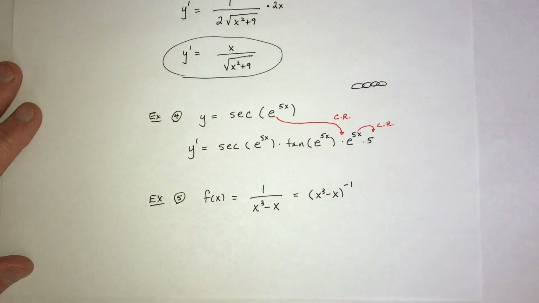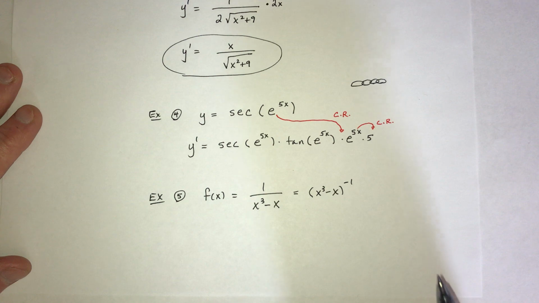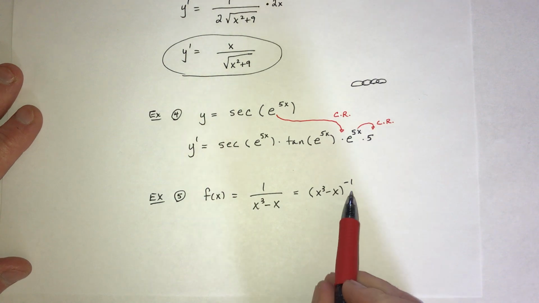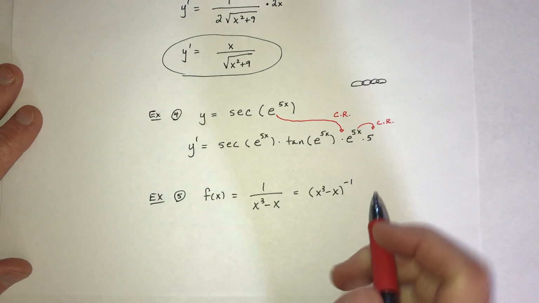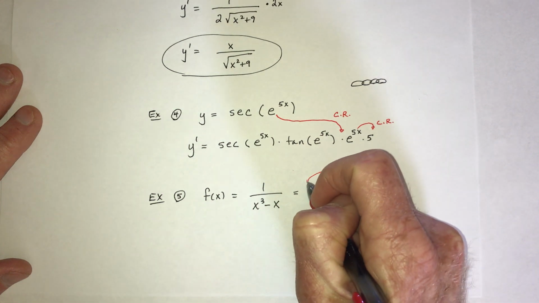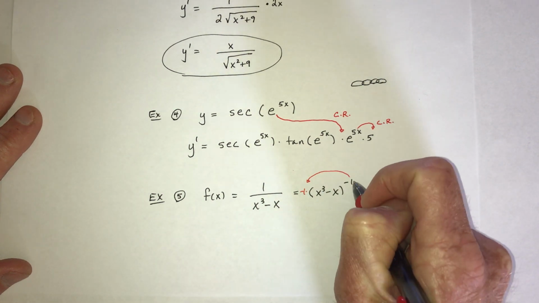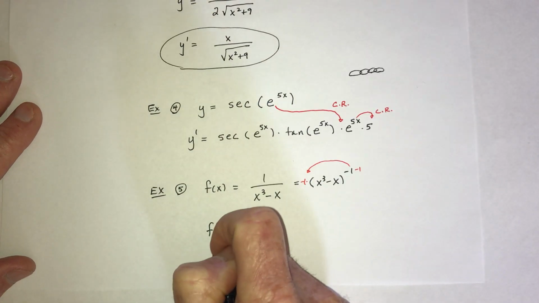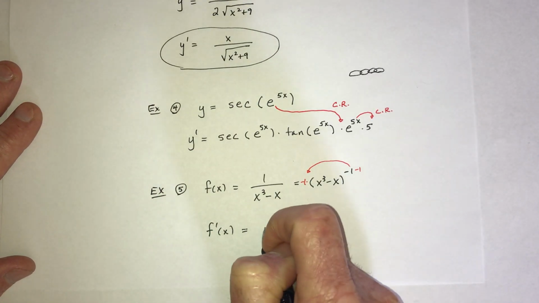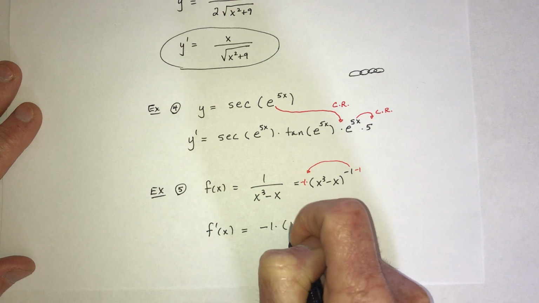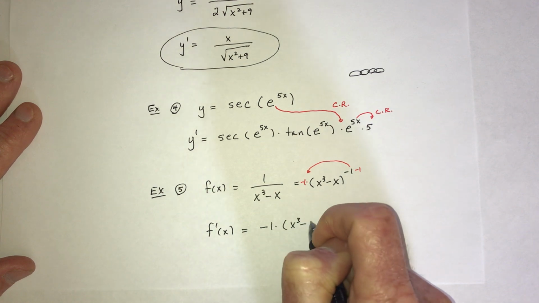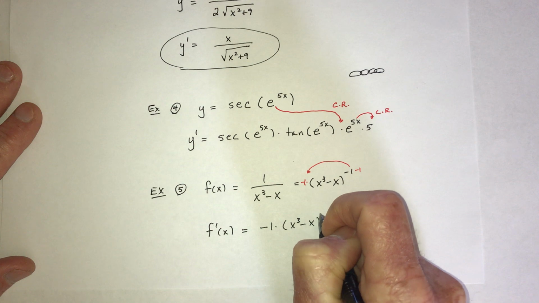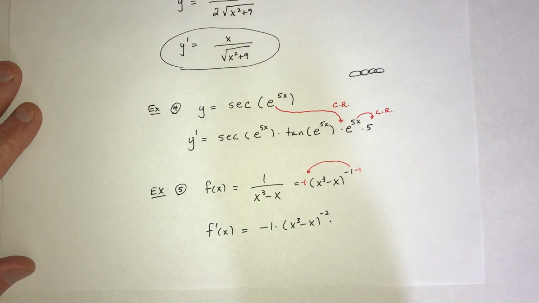And then we could take the derivative by using a combination of the power rule and the chain rule. First of all, using the power rule, this negative 1, you would need to bring it in front and multiply, and then subtract 1 from the exponent. So that's going to be negative 1 times the parentheses x cubed minus x is now to the negative 2.